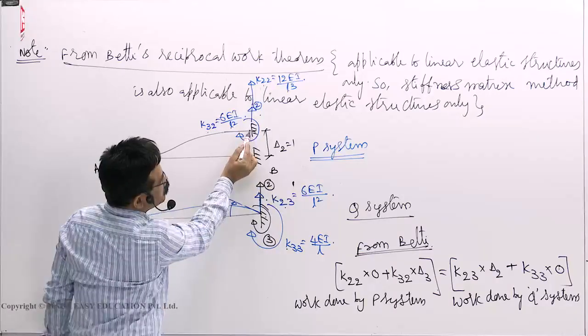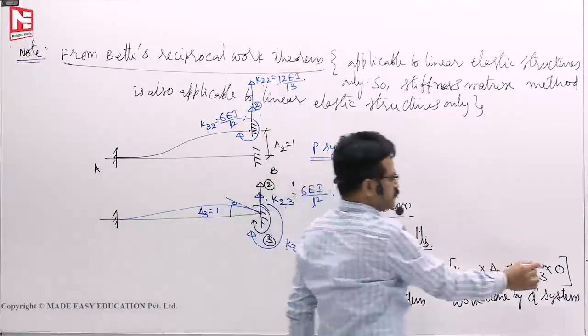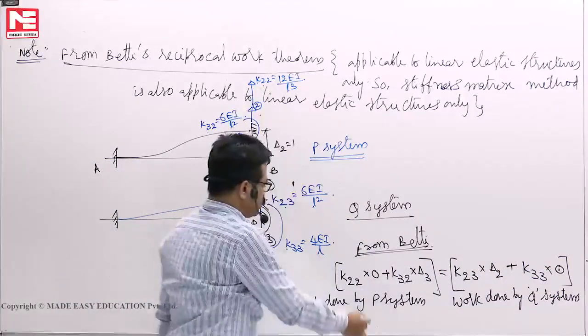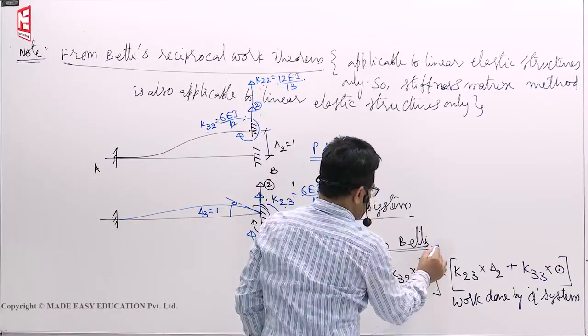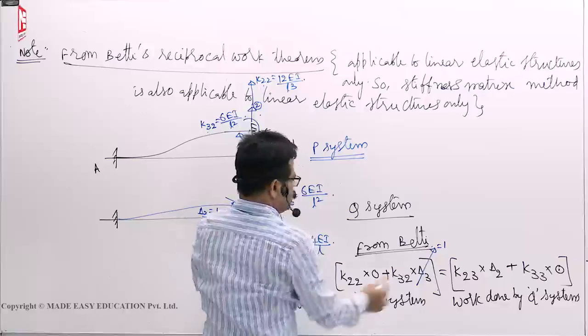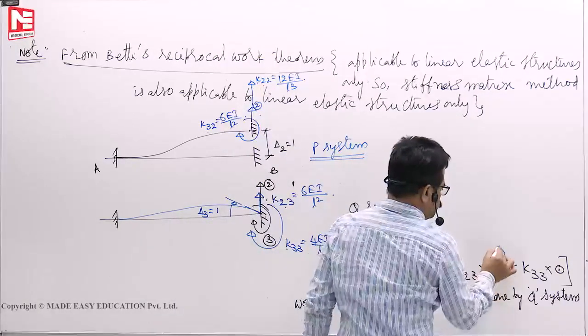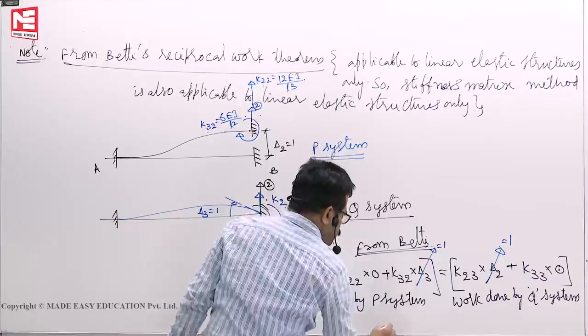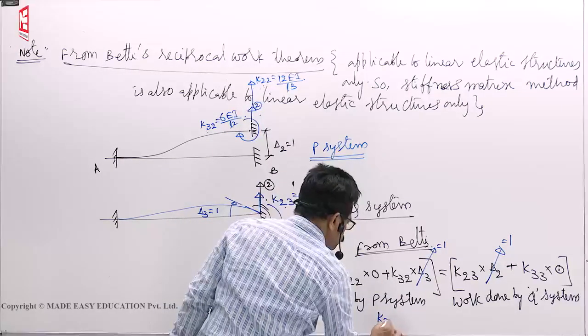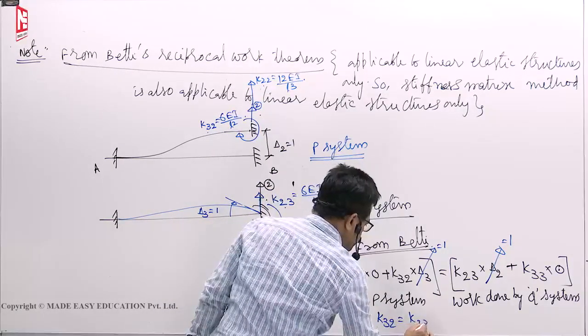So K23 into this delta, K33 into this rotation. Here is a fixed support, rotation is 0. So what you can write? Delta 3, you have taken delta 3 is unit rotation, delta 2 is unit displacement. Now you see, you will get K32 is equal to K23.